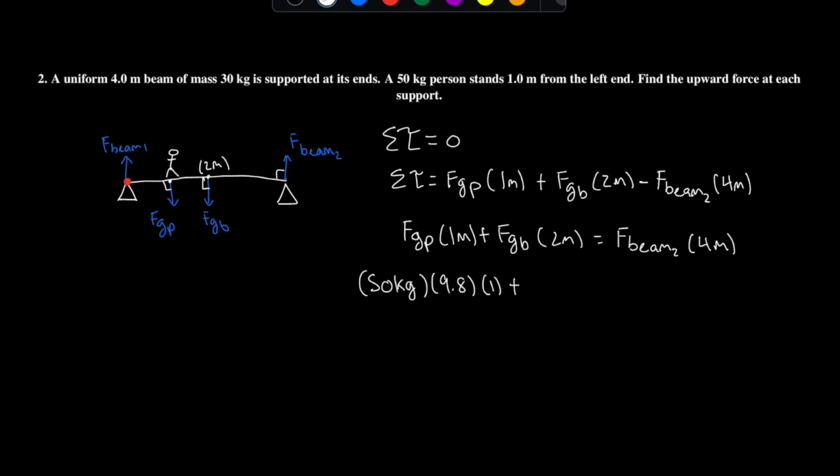The force of gravity of the beam is 30 kilograms times 9.8. And then the force of the second support we don't know, so I'm going to leave that as it is. And then I'm also going to divide the left side by 4 to isolate the force of the beam.